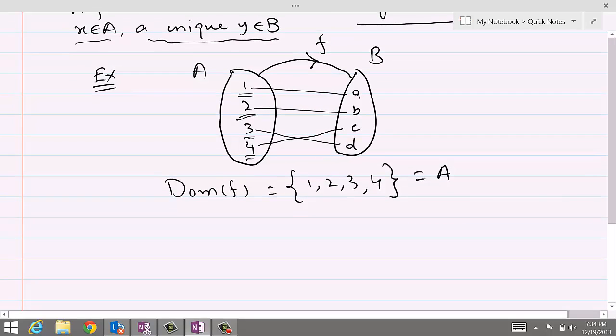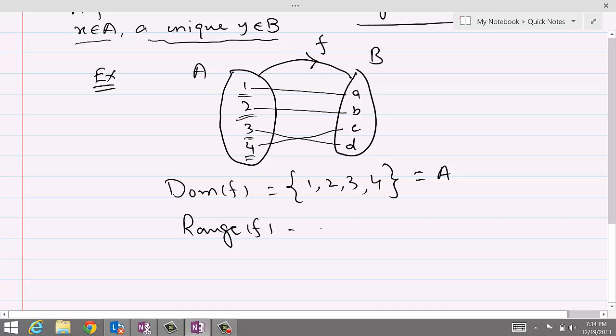And the range of F is equal to a, b, c and d. And also you can see no repetition.